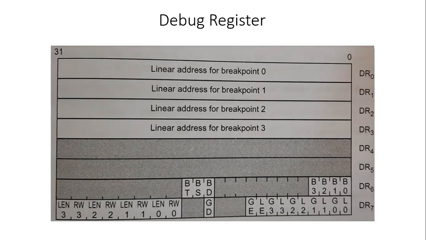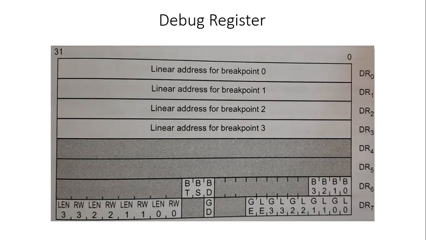DR0 is associated with breakpoint 0, DR1 with breakpoint 1, DR2 with breakpoint 2, and DR3 with breakpoint 3. We will see exactly what a breakpoint is and how it works.